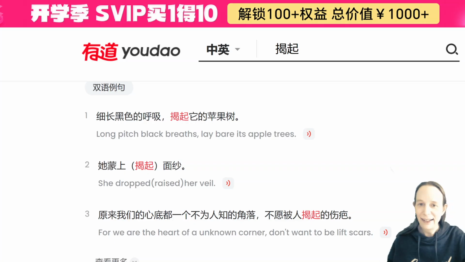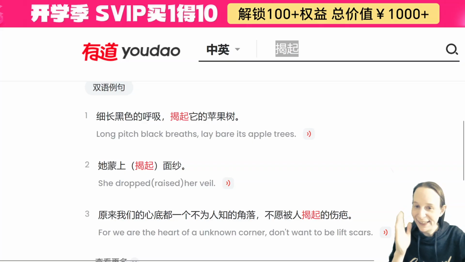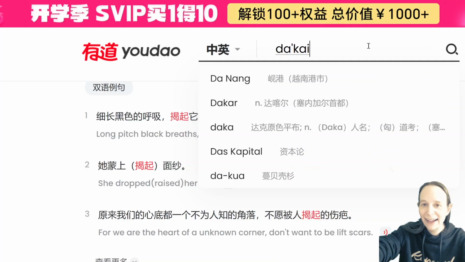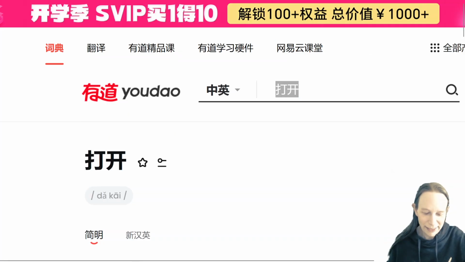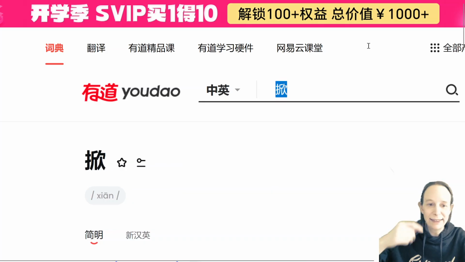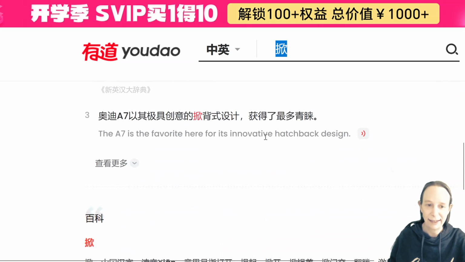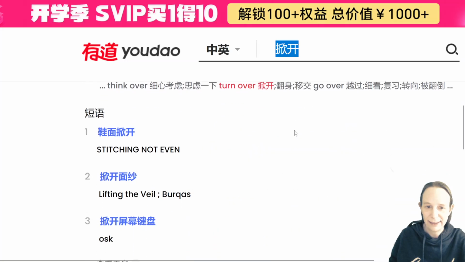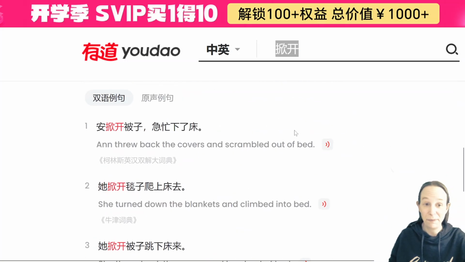Okay. So the dictionary definition for 先 includes 揭起, but also 打开, to open. So it's a little bit different. So what if we do 先开? Is that a phrase? I just made it up. And 掀开被子.